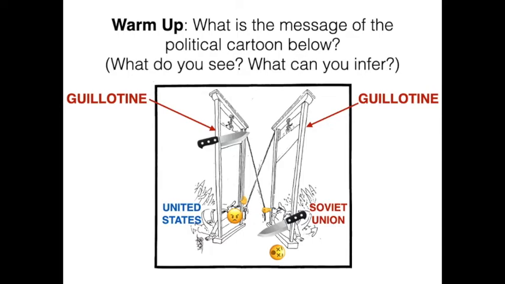Or even if they don't, as their head's getting cut off, they're going to let go. And that is then going to drop the guillotine on the United States, cutting off their head. So if either country lets go of their rope, either country attacks the other, both countries will be dead rather than only killing your opponent.